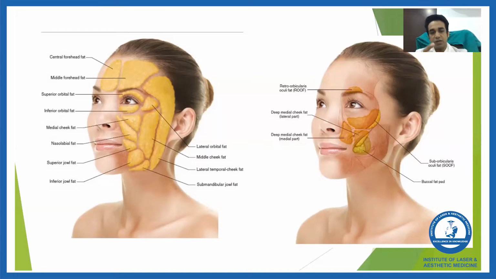As we age, we lose this collagen and we lose these pockets, and the face droops down. This layer is important to know because when we do face lifting, we tend to lift it. This fatty pocket is present just above the muscles, just above the superficial musculo-aponeurotic system, or the aponeurosis.